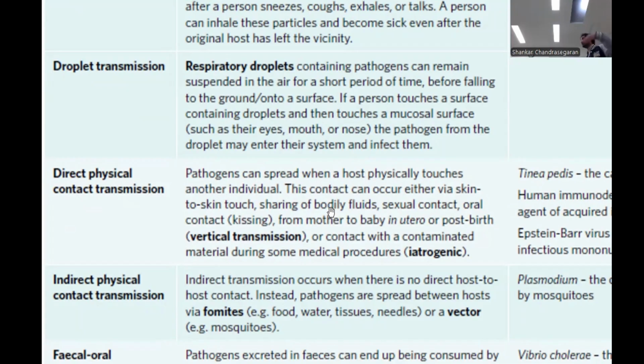For example, HIV, which spreads through bodily contact, very specifically needs specific types of bodily fluids to go into different parts of the body to actually infect the person. So kissing is one way that you won't get HIV, because that's not the bodily fluid that is going to be able to carry the pathogen inside.